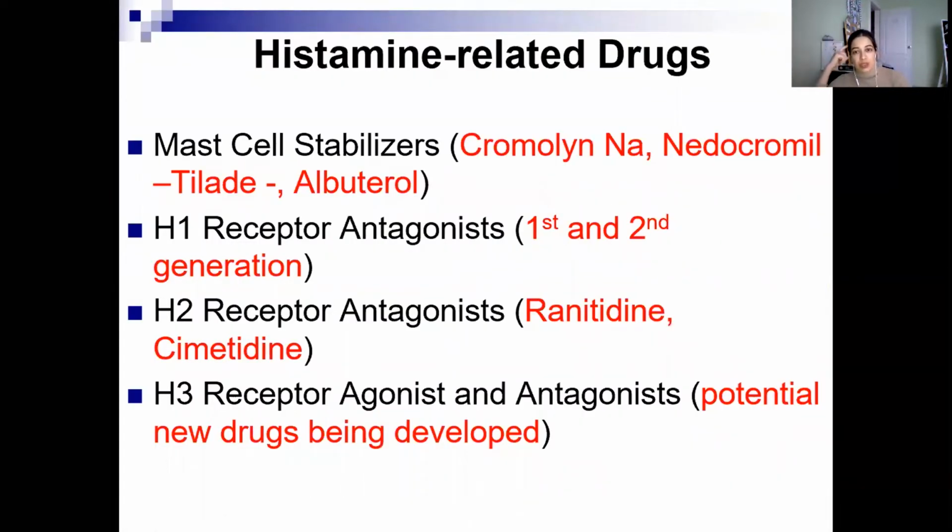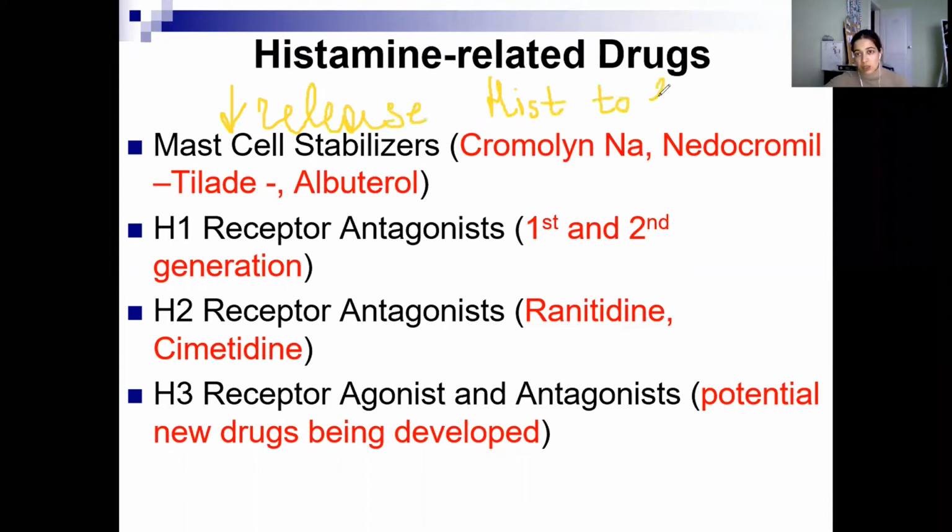So about those histamine-related drugs, once again, the classification. We have mast cell stabilizers, and what do these drugs do? They reduce the release of histamine to the blood.